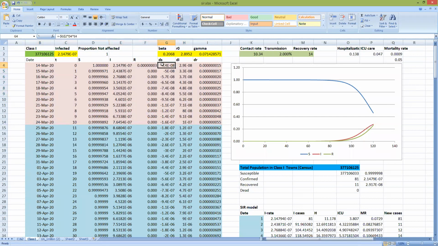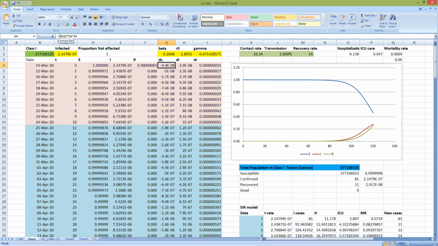See, dS/dt is G2, which is beta. D4 is this cell, S, into E4. Look at this part. And E4 is I. So this is beta into S0 into I0.